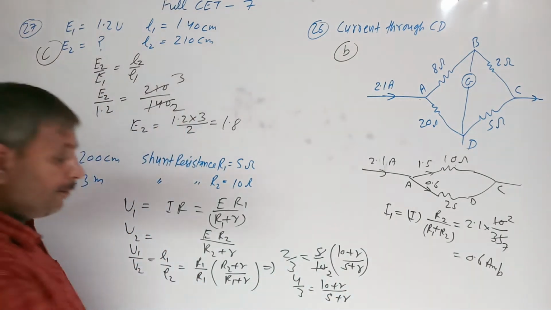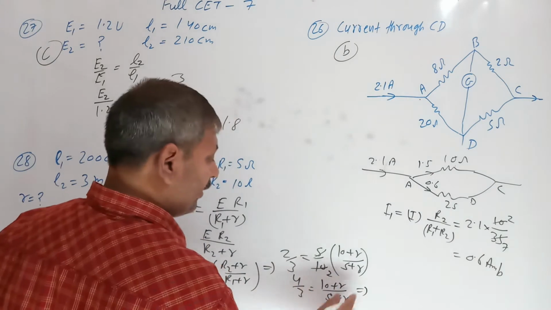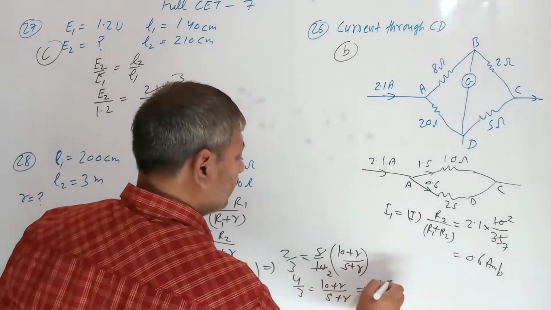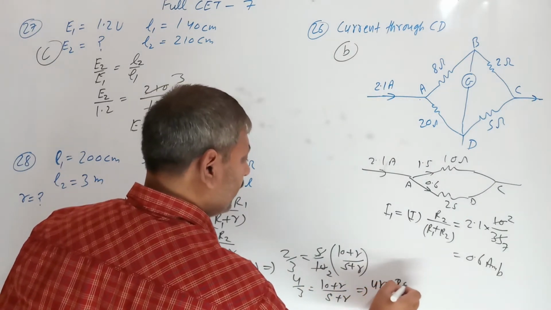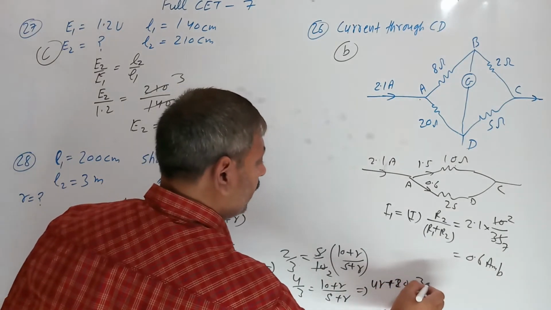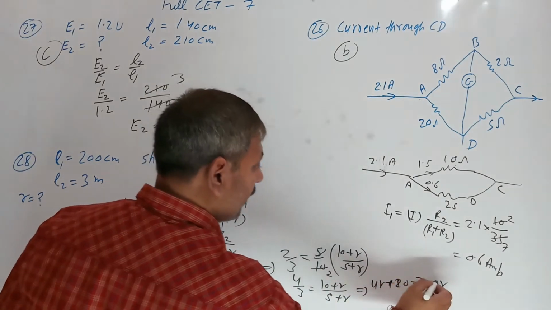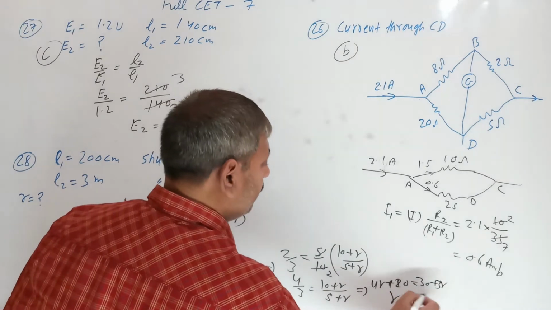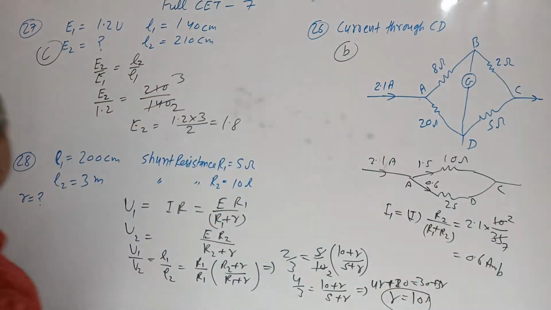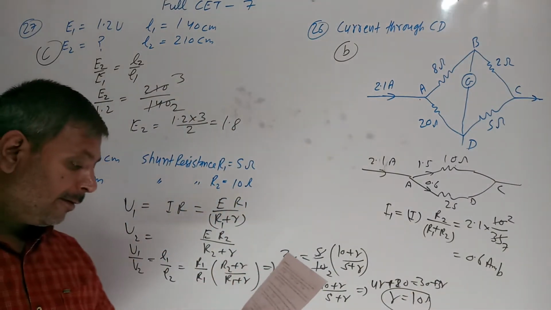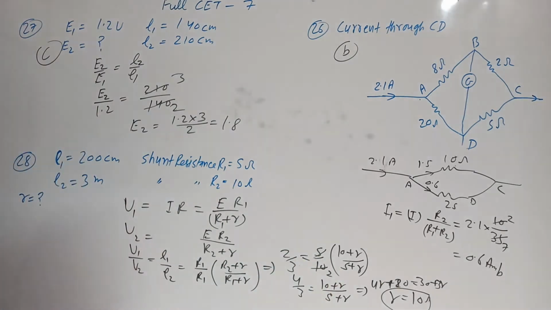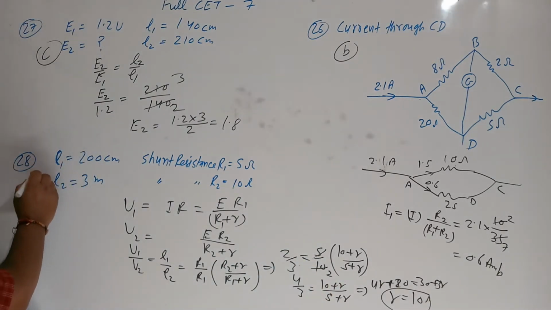So what happened? 4r plus 20 is equal to 30 plus 3r. So r is equal to 10. So internal resistance in the 28th question will be 10 ohm, that is option A.